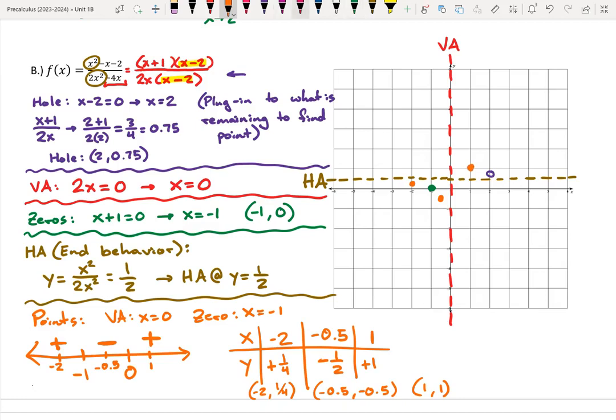So hopefully it's not too far gone to see that our graph would end up going alongside our horizontal asymptote, going towards negative infinity, and then as I go to 0, I'm going down to negative infinity. As I'm going to 0 from the right, I'm going to be going up to positive infinity. And then as I go to positive infinity, we are going to 1/2 alongside. And that is B.